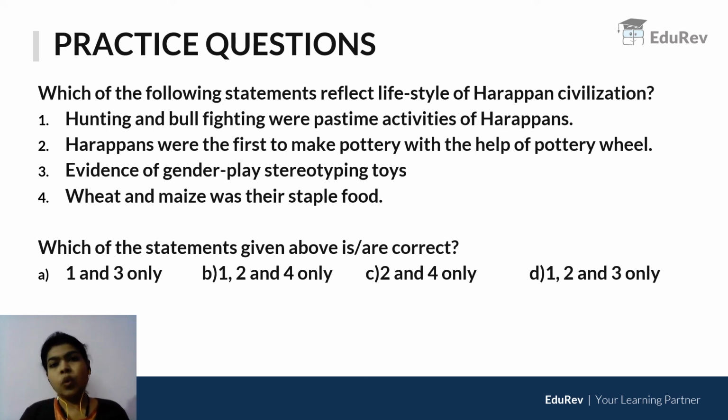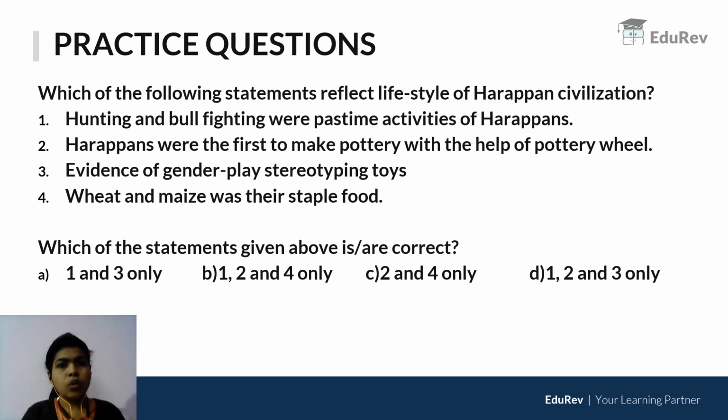Now, this is a googly question. You might go wrong in this particular statement because the other statements can be easily guessed. But try to understand that pottery was not invented by the Harappans. Pottery existed previously during the Neolithic era. There you have pots being made first of all by hand.